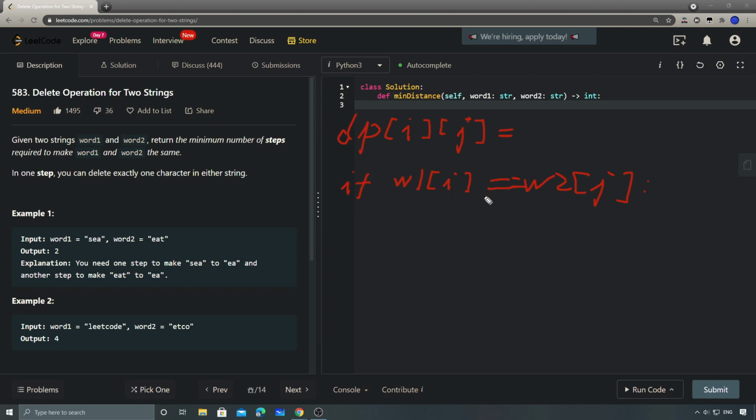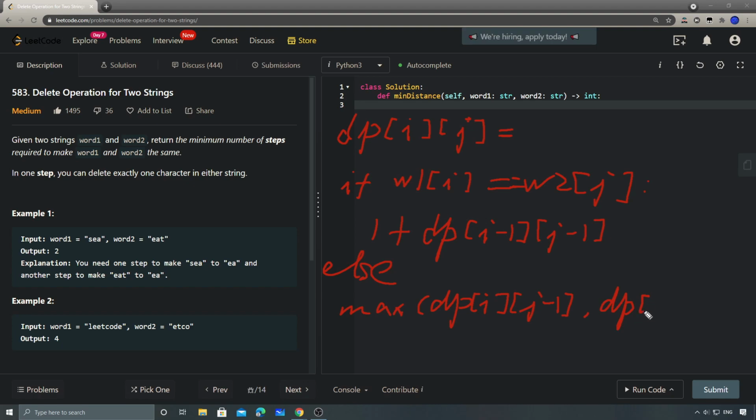It means that at least it's going to be 1 plus dp i minus 1, j minus 1. Else, it's going to be the max of dp i, j minus 1 or dp i minus 1, j.